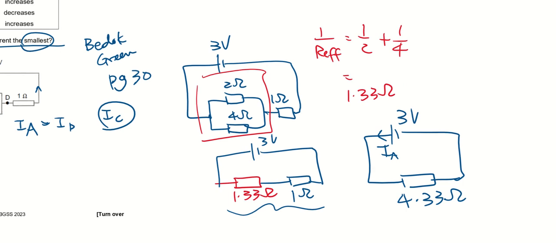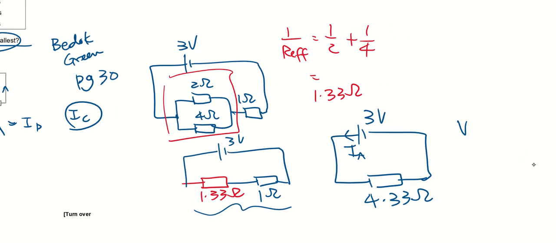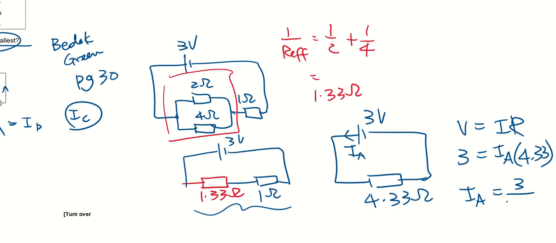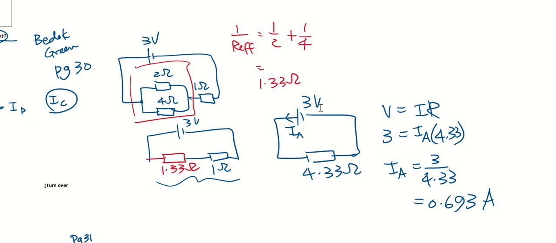How much is IA? We will have to use V equals IR. The V is 3, IA is unknown. The effective resistance is now 4.33 based on this circuit. Therefore, IA is equal to 3 over 4.33, and IA will be 0.693 ampere.